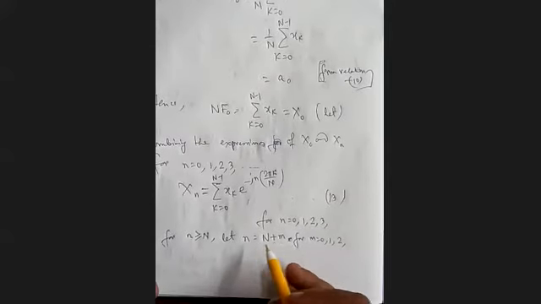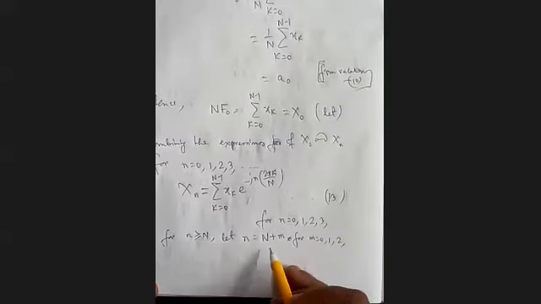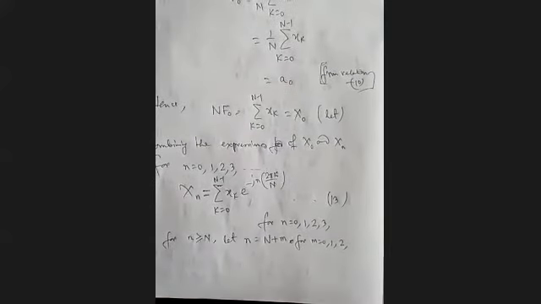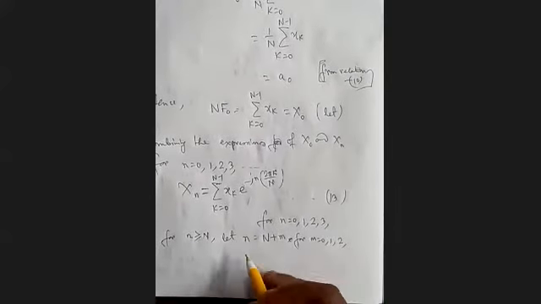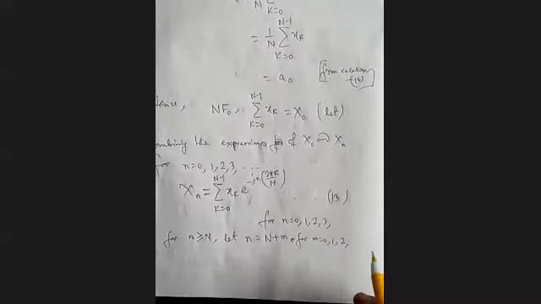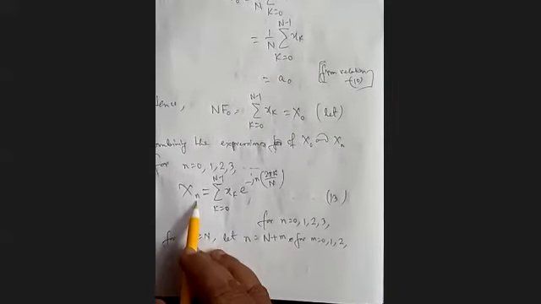When m equal to 2, small n equals capital N plus 2, that is small n is still higher than capital N. So with progressively increasing value of small m, our small n is becoming higher and higher compared to capital N. Get my point? So what happens? We replace small n with capital N plus m here.